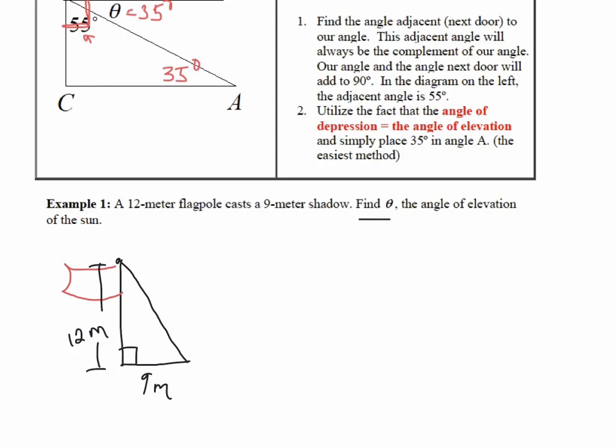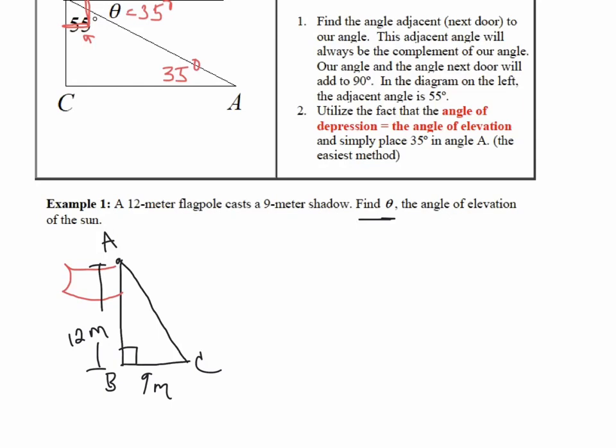It does say find theta, the angle of elevation of the sun. So think back to our vocabulary. I'm going to call this triangle A, B, C for discussion. B is our right angle, that's 90 degrees. Can anybody tell me which angle would be theta, our angle of elevation of the sun?